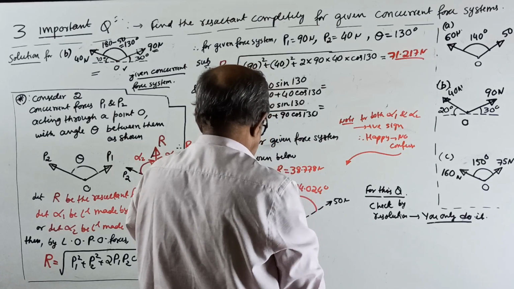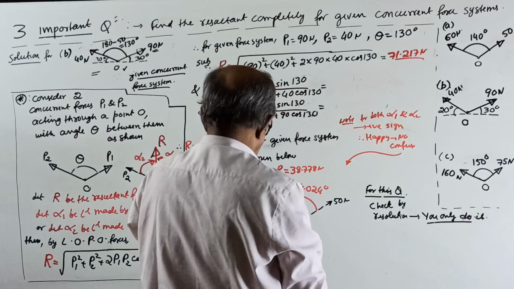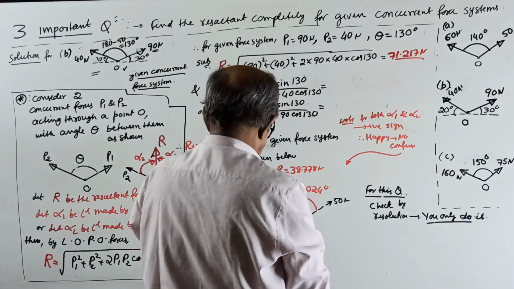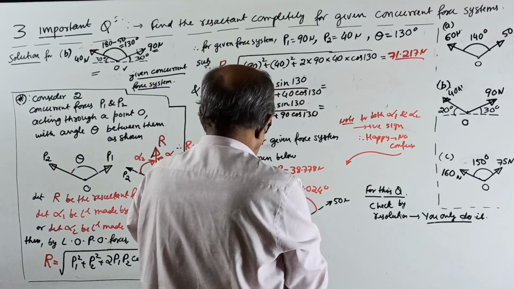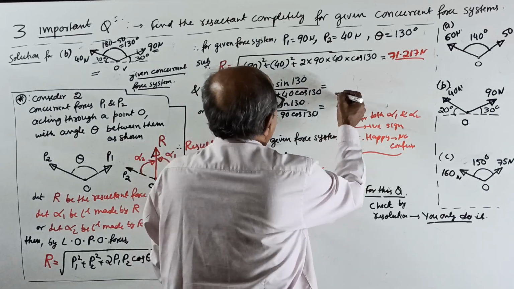40 into sine 130 divided by 90 plus 40 into cos 130, equal to tan inverse, 25.484 degrees.